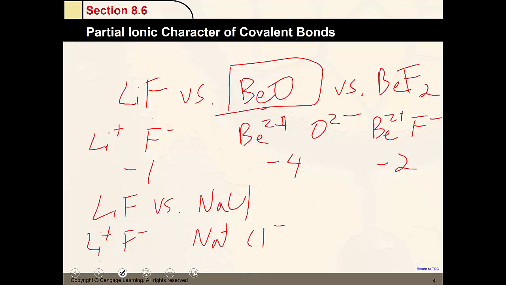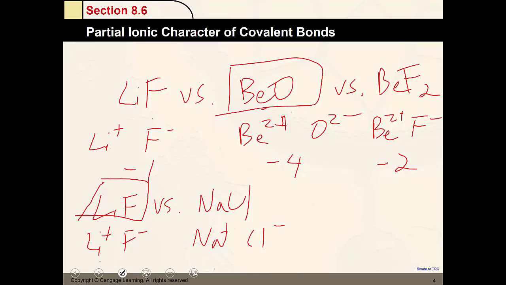So sodium has 2 energy levels, 1 more than lithium. Chlorine has 3, 1 more than fluorine. So that means since NaCl is bigger, since it has a larger radius, that means lithium fluoride will have a larger lattice energy.